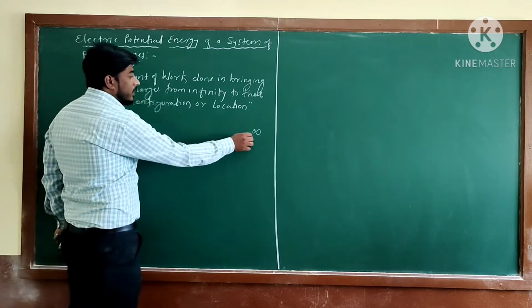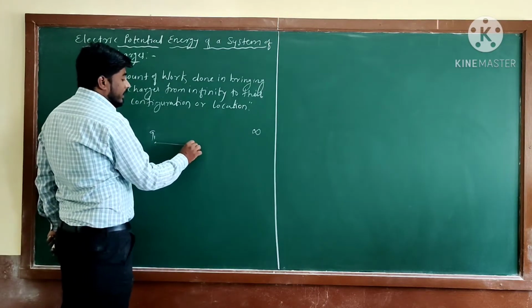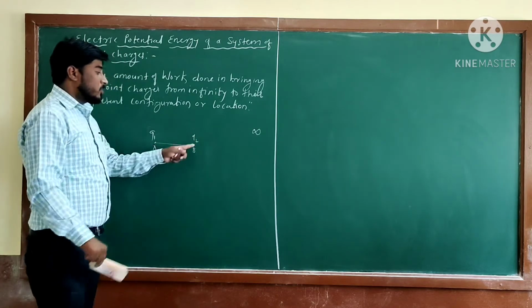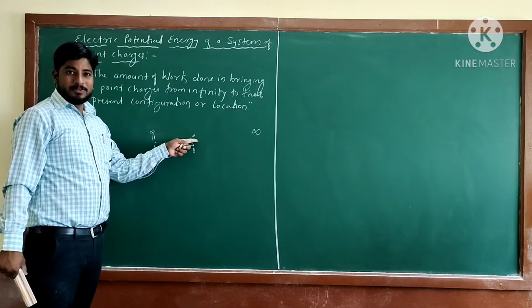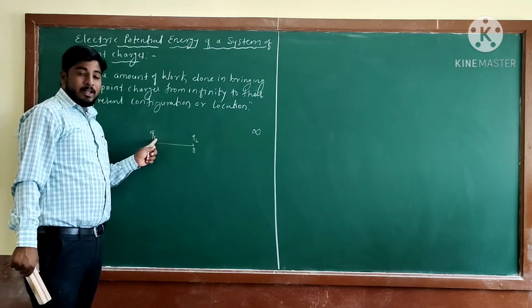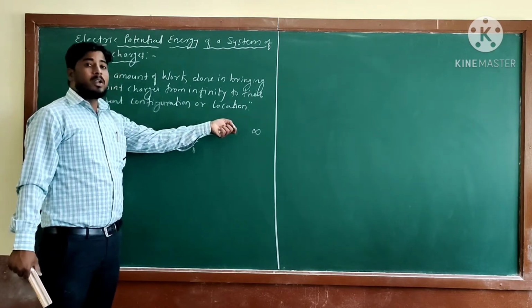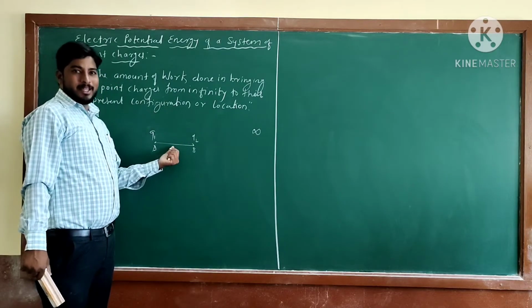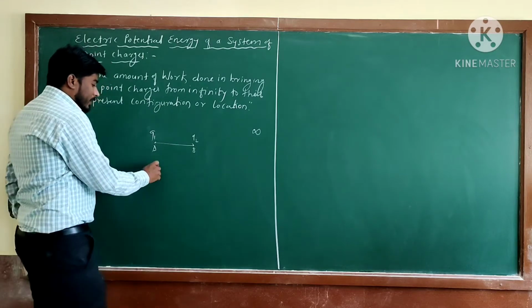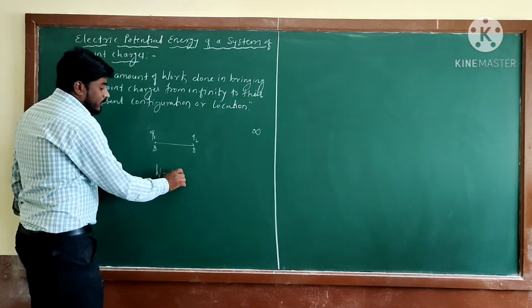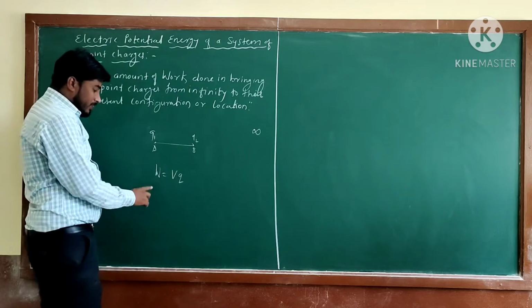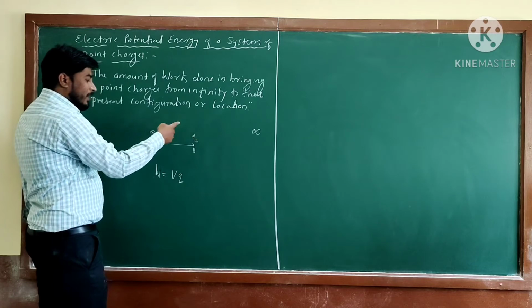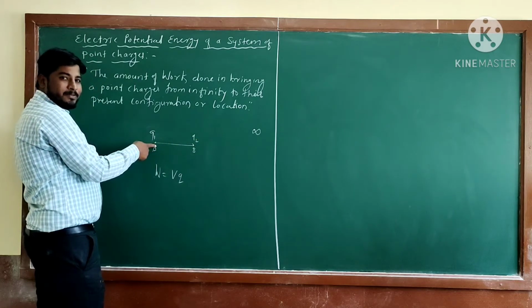But when I move the other charge Q2 and bring it here at this position B, then this Q2 charge experiences a force because of the electric field of this charge. Then I have to do some work against this electric field, because the field is already present, and we know that work done is given by W is equal to VQ. So this W is the work done to bring this charge from infinity to its present configuration.